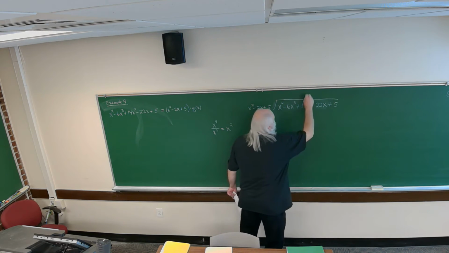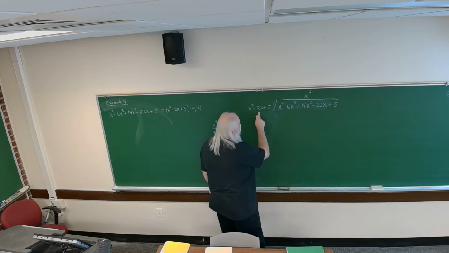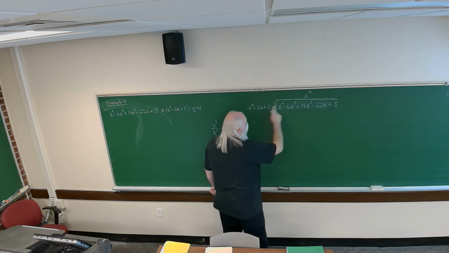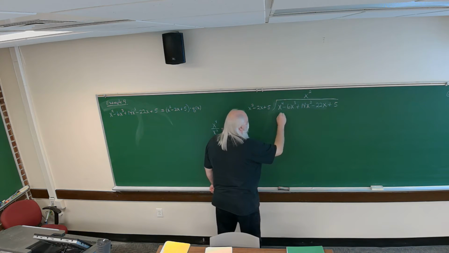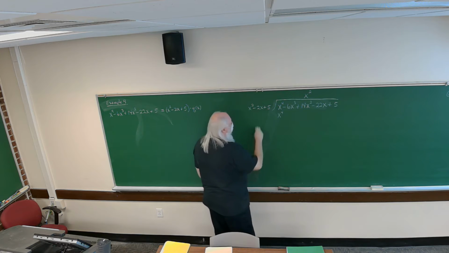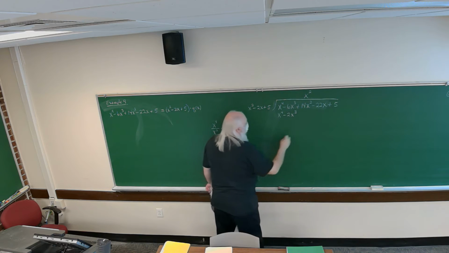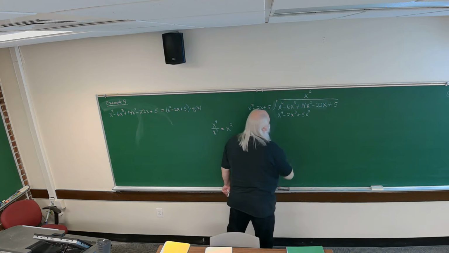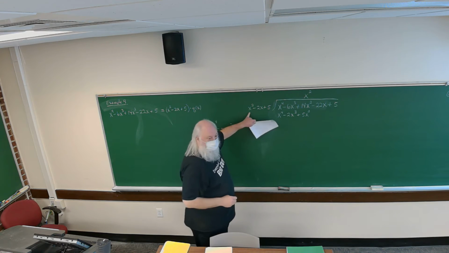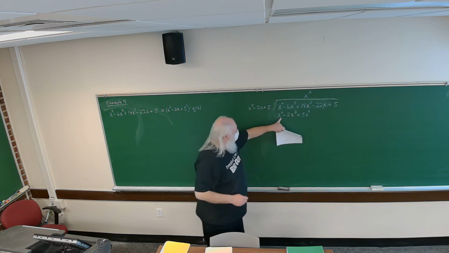So x squared is part of the quotient. And now you have to multiply this quadratic times x squared. So x squared times x squared is x to the fourth. Minus 2x times x squared is minus 2x cubed. Plus 5 times x squared is 5x squared. Wait, can you do that again? The multiplication: x squared times x squared is x to the fourth.